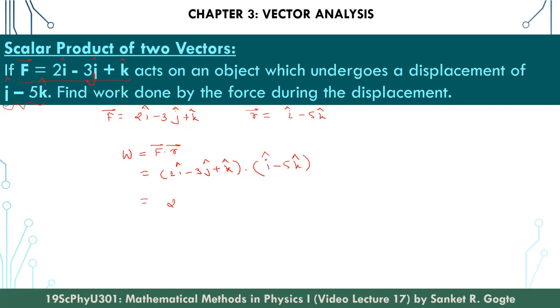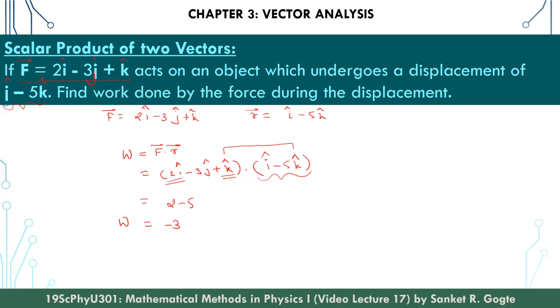We have the j component or y component as 0 for the displacement, and therefore only the x component and z component of force will do the work. So what we get is 2 into 1, and finally we have to multiply the z component of force and the displacement, which is plus 1 into minus 5. So let me write down minus 5 for that right away, which is equal to minus 3.